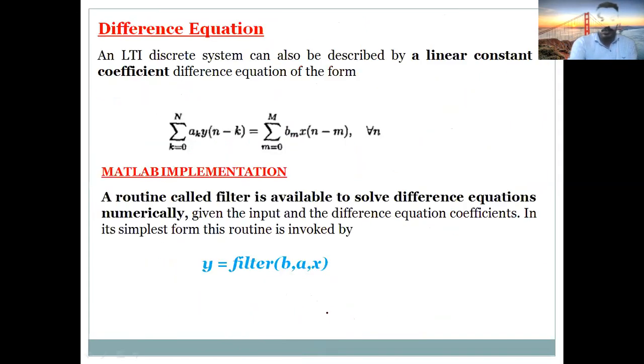Okay, so in MATLAB there is one function called filter. What is B? B's are coefficients of the input side. This is a difference equation. What are A's? A's are coefficients on the output side, A0, A1, right?